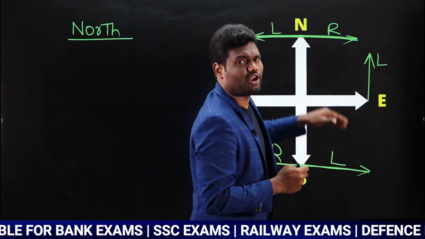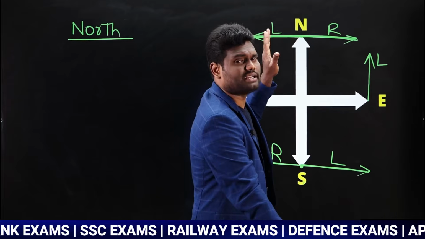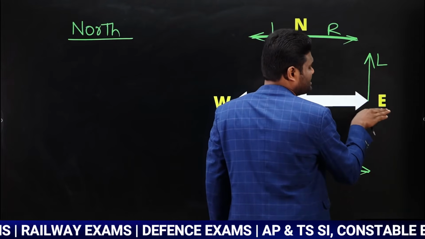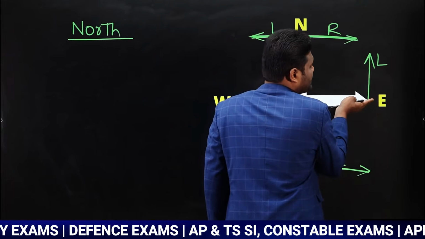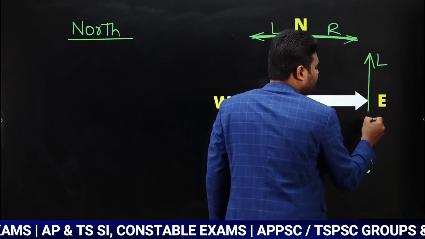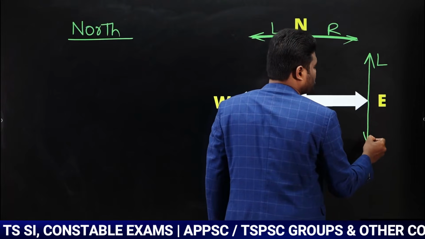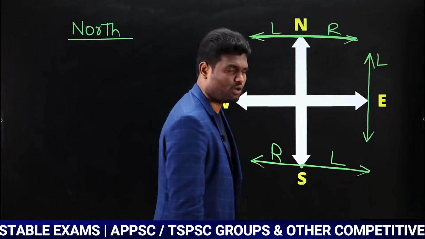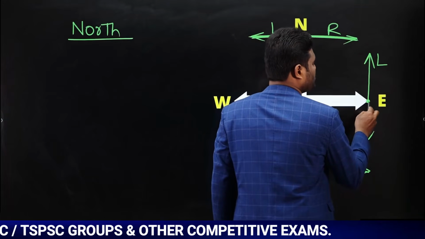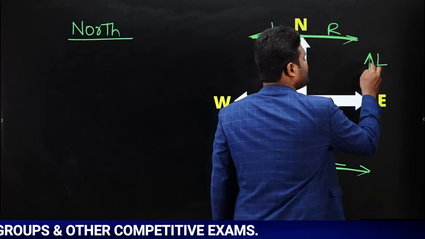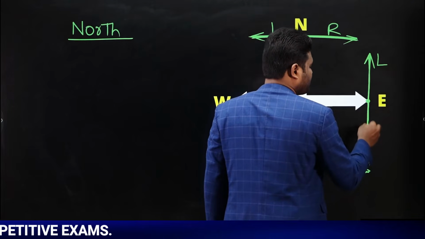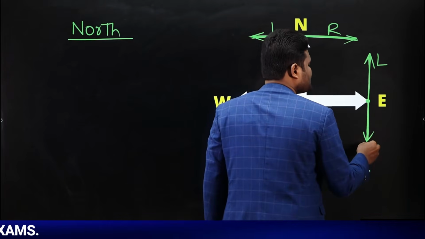Once you imagine that, you will come to know which direction your left hand side is in, which direction your right hand side is in, okay? Now if you observe, when the person is traveling towards east direction, left of the person is nothing but towards north direction. Similarly, right of the person is nothing but towards south direction.